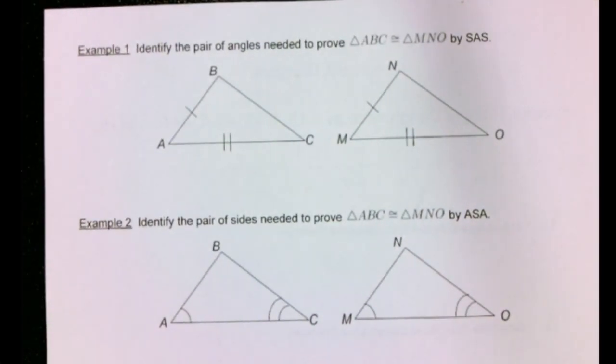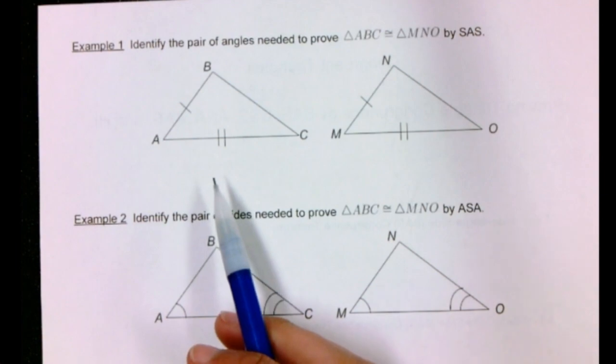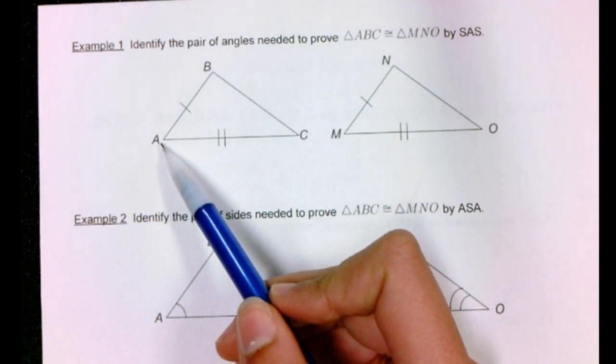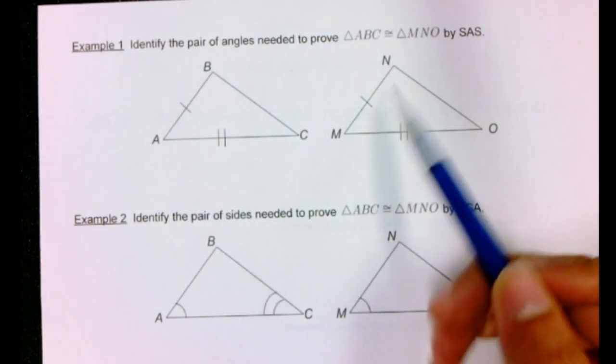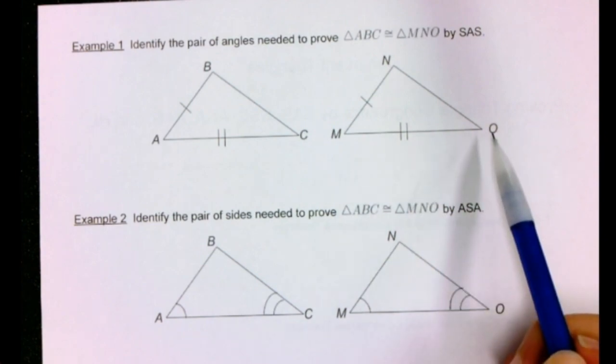For example 1, we need to identify a pair of angles needed to prove these two triangles congruent. We already know that side AB equals side MN and side AC equals MO.